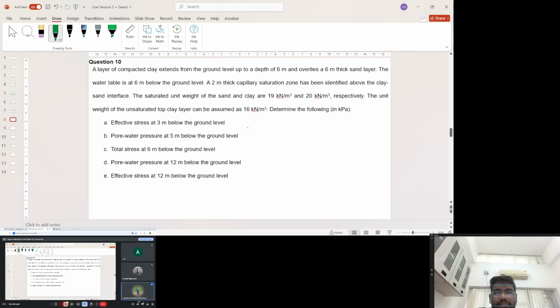So let us draw the diagram. This is ground level, and the clay layer is 6 meters, and it overlies a sand layer of 6 meters, right?